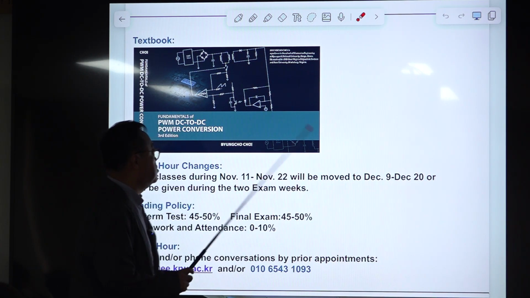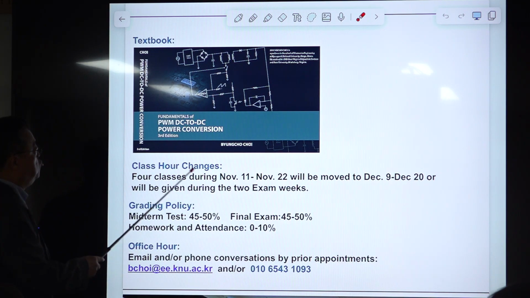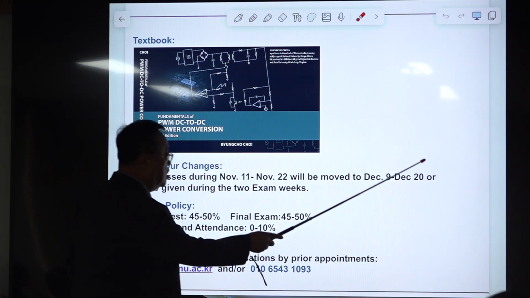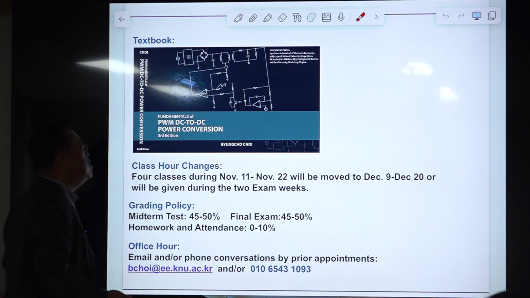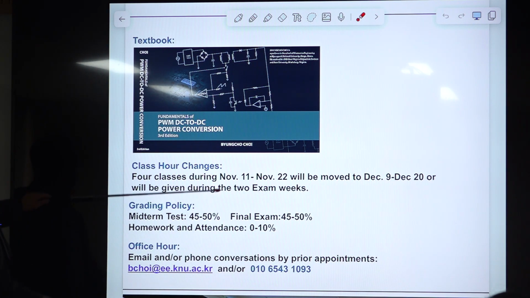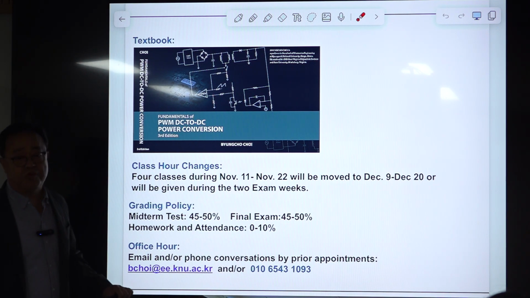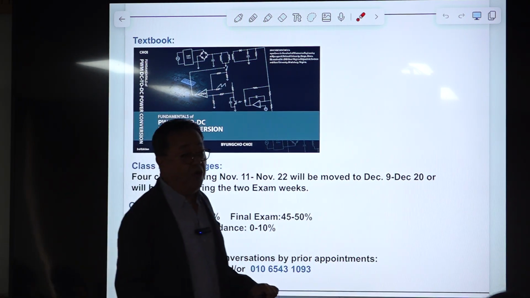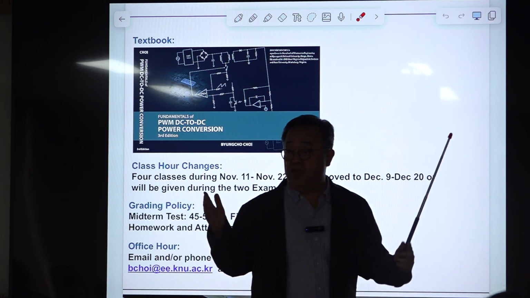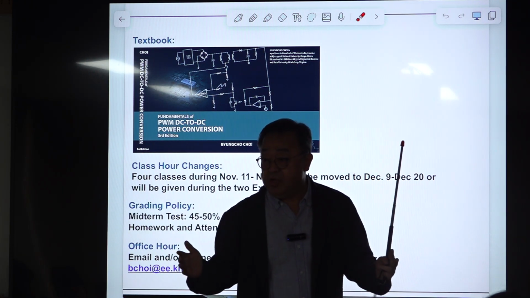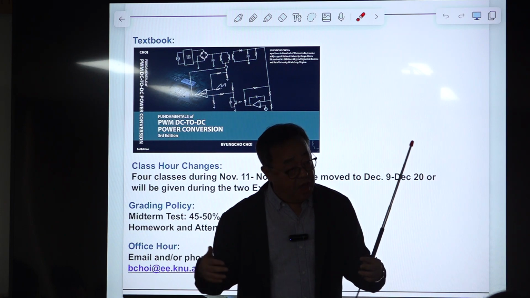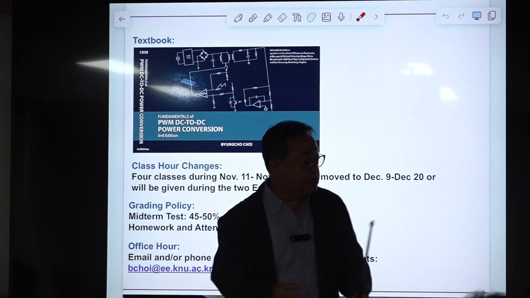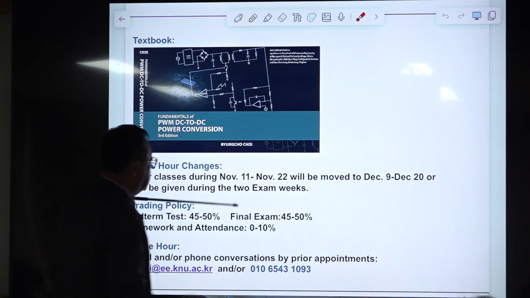So the classes during these 2 weeks can be transferred to this, or if possible, the classes will be given in the 2 exam weeks. That means maybe I can hand out a take-home exam for the midterm, and there is 1 week for the midterm in the school. So maybe we will have a class for those weeks to compensate for this one.